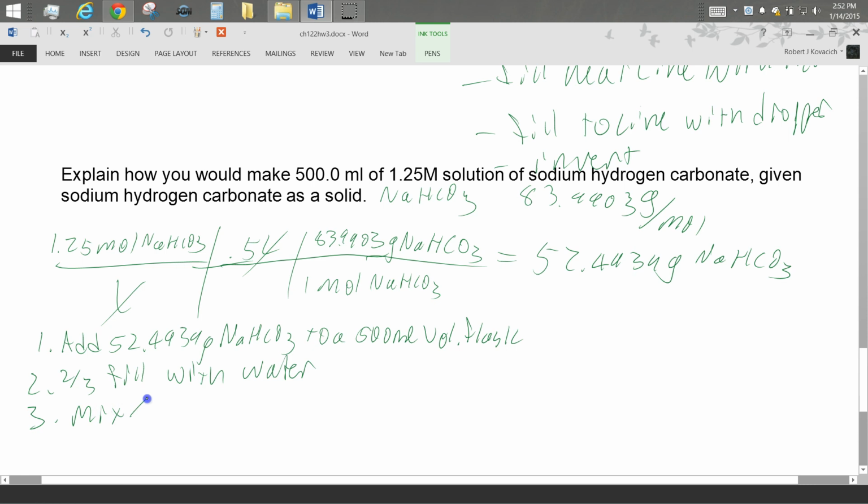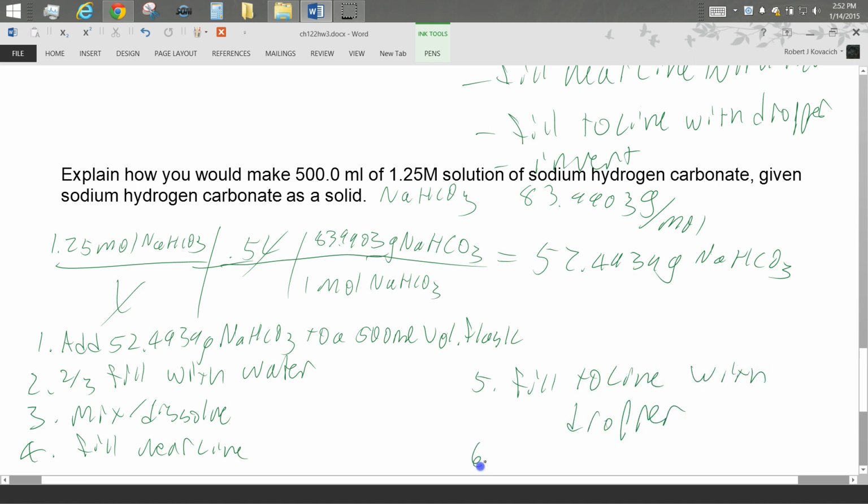Mix. Dissolve. Then fill near line. And then fill to line with dropper. And invert it. And you're good to go.